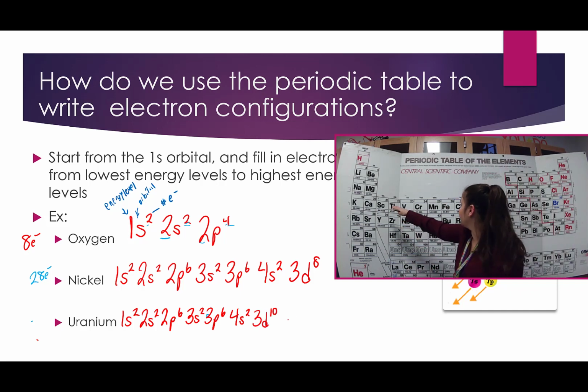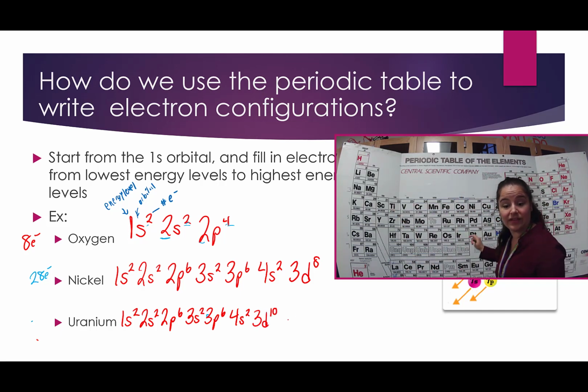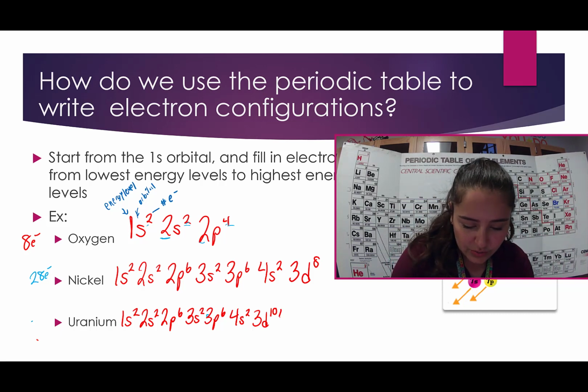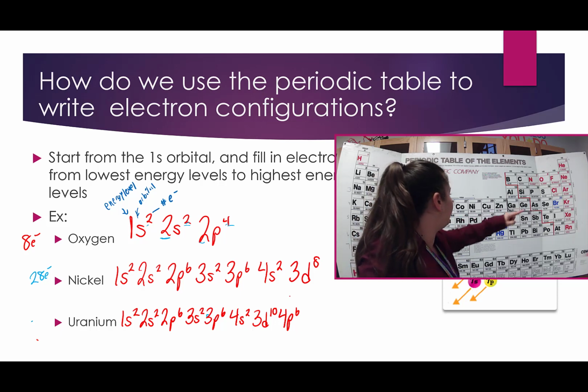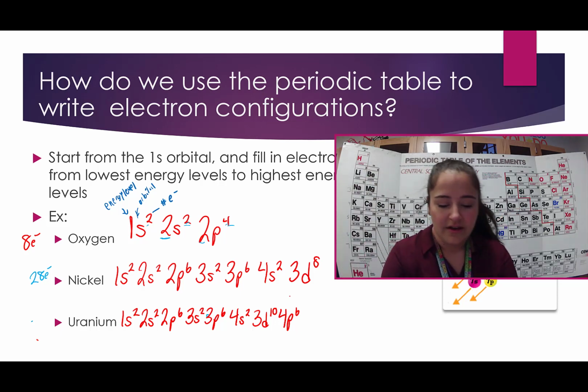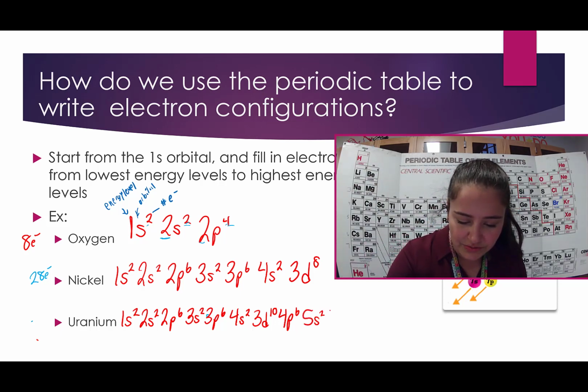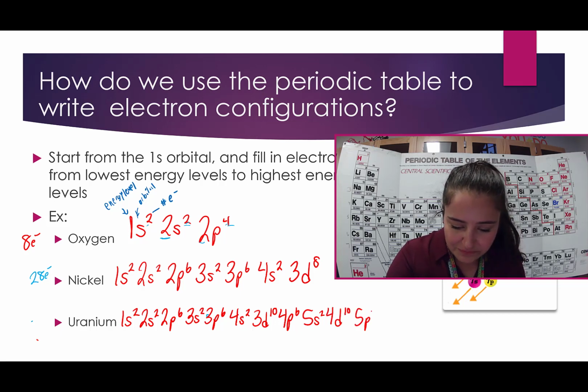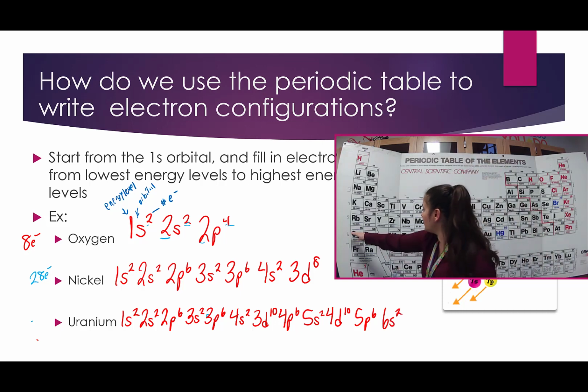Okay, and then after the 3d, we're up back in the 4p. So 4p6. Okay, after the fourth, we're down in the fifth. 5s2, 4d10, 5p6, 6s2.